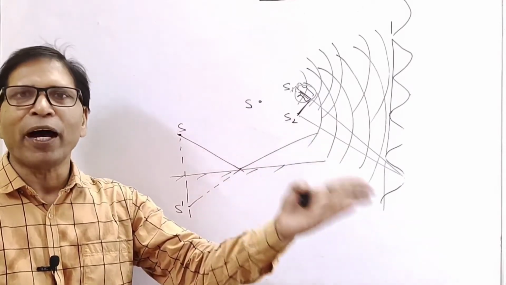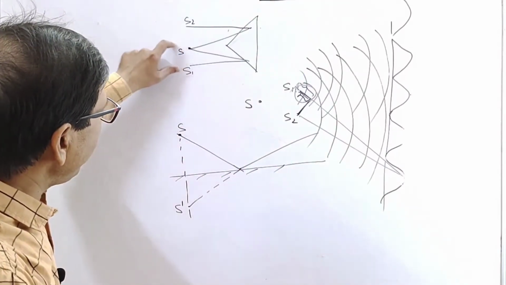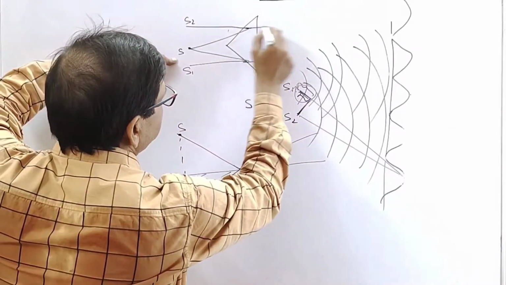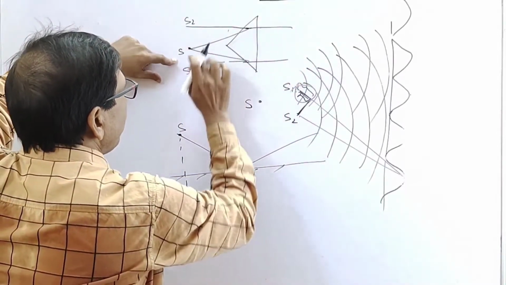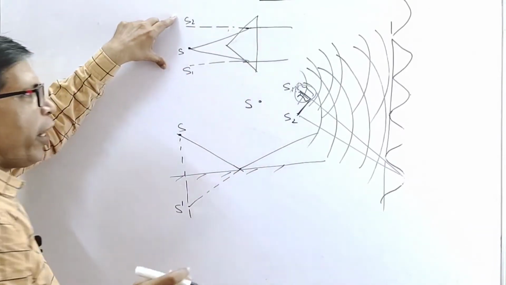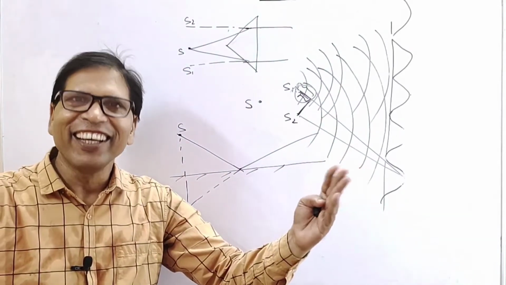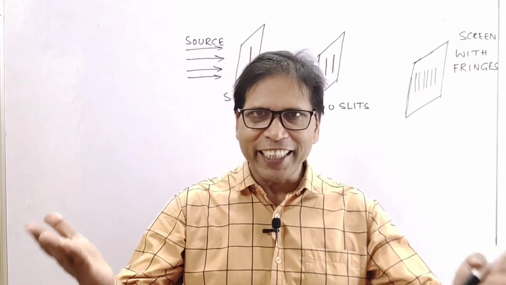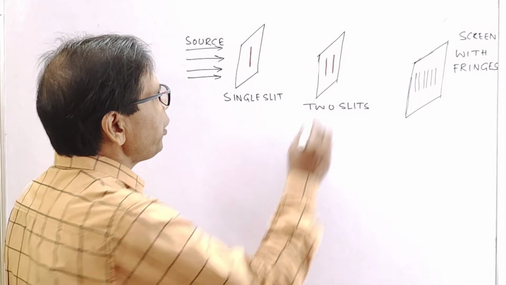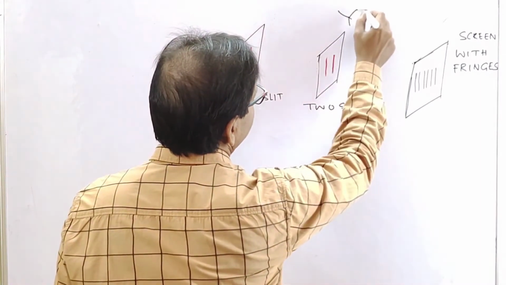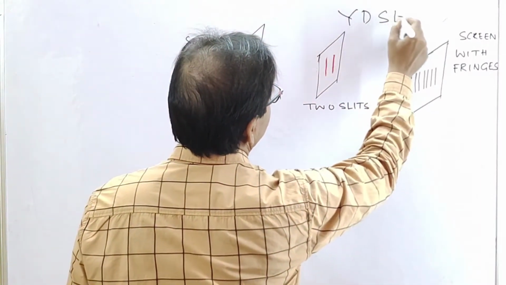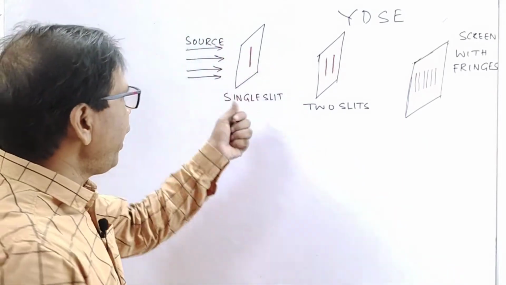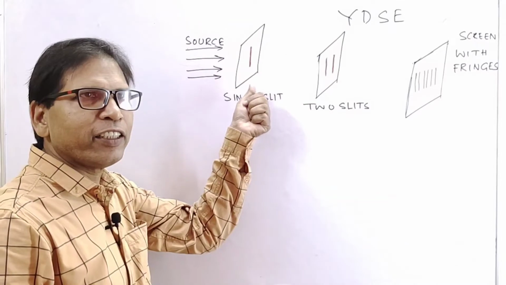And in Fresnel biprism, look at this. This is the monochromatic source. The images formed by the biprism, S1 and S2, act as the coherent sources. Understood? Now next, Young's double slit experiment, simply known as YDSE. Look at this. This is the source and this is a single slit.